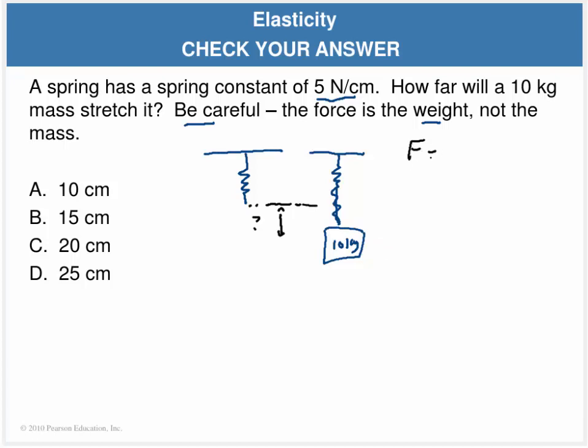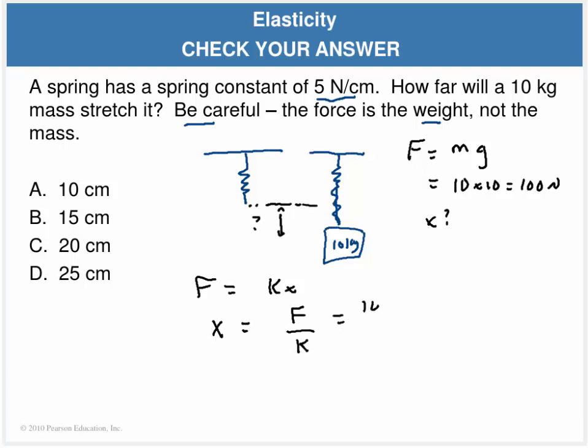The force is going to be the weight, not the mass, which is the mass times gravity, so 10 times 10, or 100 newtons. And what we're looking for is the distortion, so we're going to say F is equal to kx, and the negative sign, I'm not going to worry about that because I know what the direction is going to be. And so x is going to be equal to the force divided by k, so that's going to be 100.